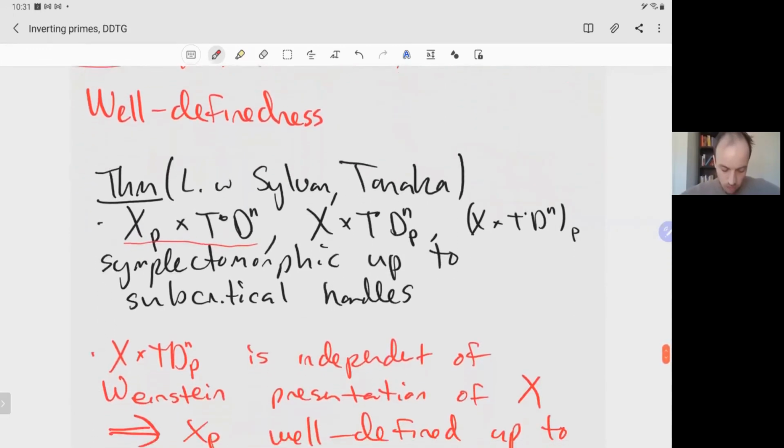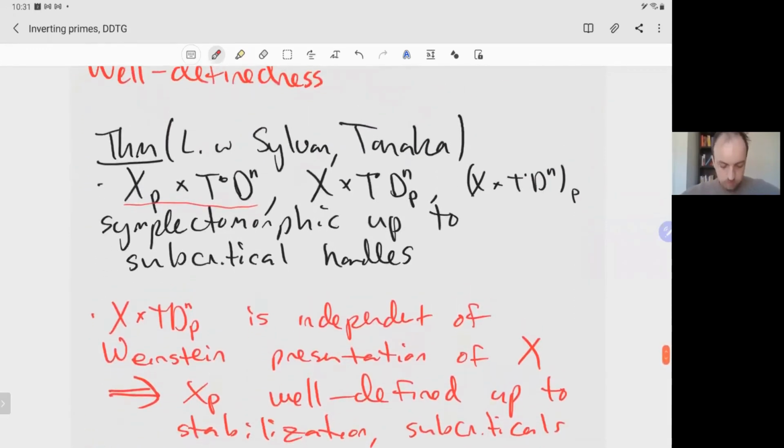But why is this relevant? Remember, we're changing the presentation of X, and the question is, if I take two different presentations of X, how do I ensure that the localizations are related by Weinstein moves?